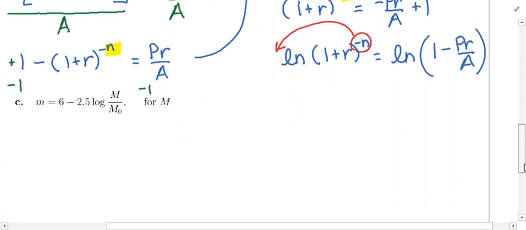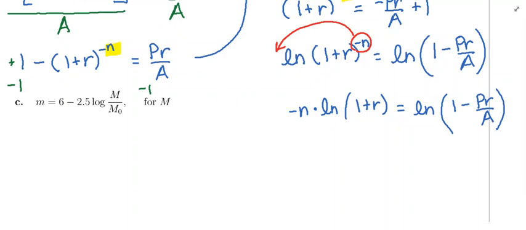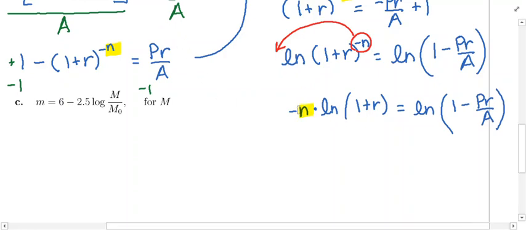So this is going to give me negative n times the natural log of 1 plus r is equal to the natural log of 1 minus PR over A. So lo and behold, the n is out of the exponent. So it's going to be a lot easier to solve for.